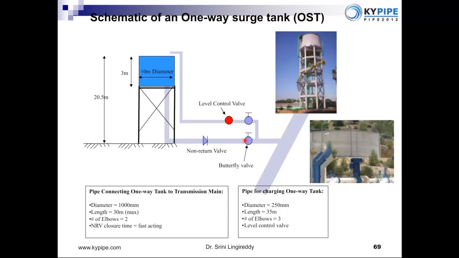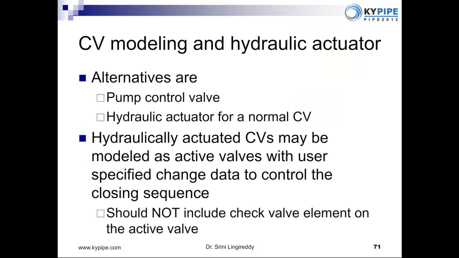So the check valves and the one-way surge tanks, again, whatever we discussed earlier is applicable for this as well. There's a non-return valve or a check valve which closes linearly, etc. Now the check valves and hydraulic actuators.